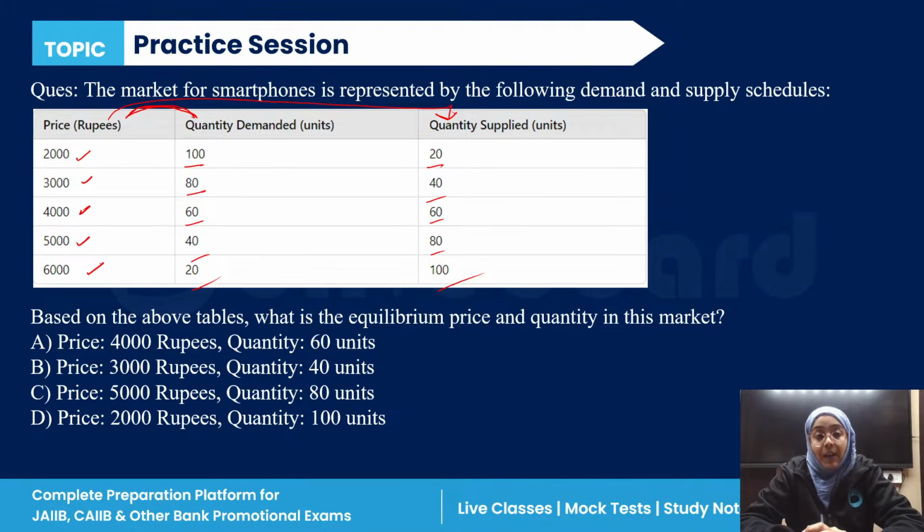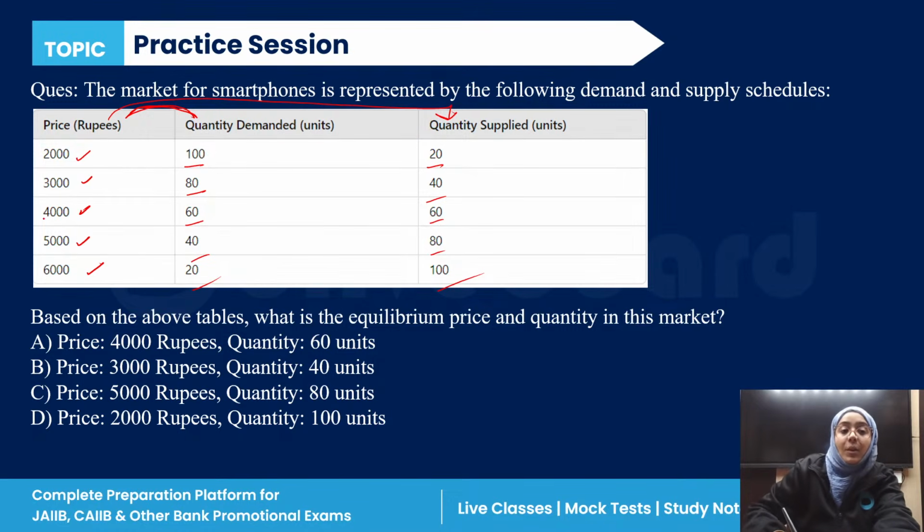If we talk about the correct answer, the equilibrium position is when demand is equal to supply. Or you can say when the buyer is satisfied with the seller, then it is called the equilibrium. Clear, everyone?